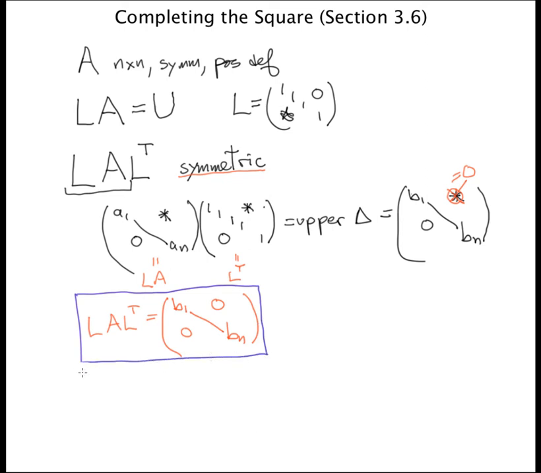Okay, so what that says is that if A is any symmetric matrix, you can multiply on the left by some lower triangular L and on the right by L transpose to make it diagonal.